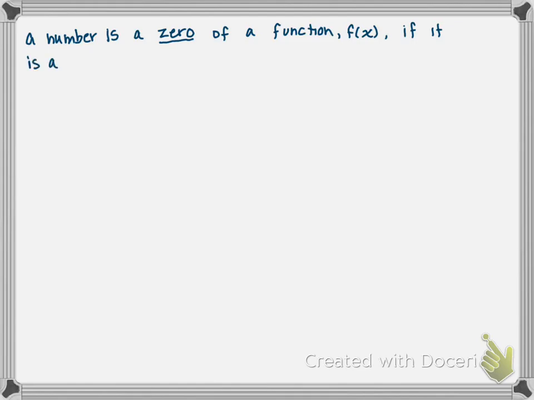Okay, so the definition we need is: a number is a 0 of a function f of x if it is a solution to f of x equals 0.